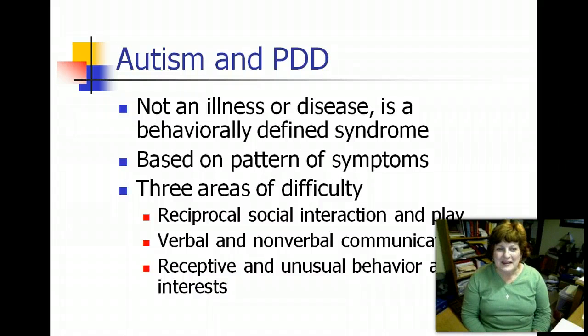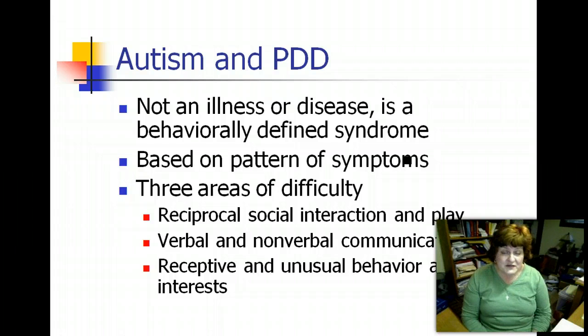What a great segue into autism and PDD, which is pervasive developmental delay. This is a very diverse group of conditions, and that's why it's really not an illness or a disease process, but more a behaviorally defined syndrome. The spectrum can be so wide and with so many unique behaviors that it's difficult to put a label on it.